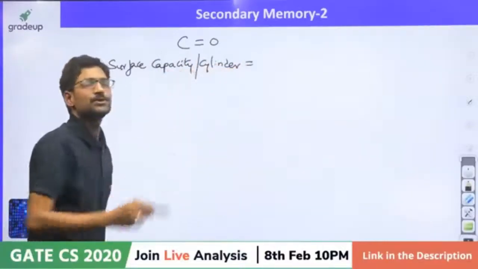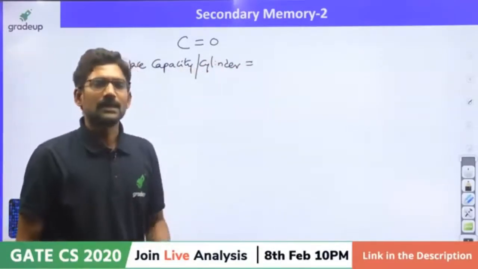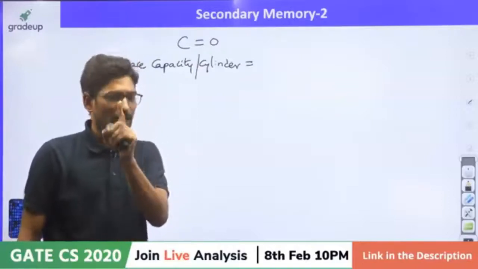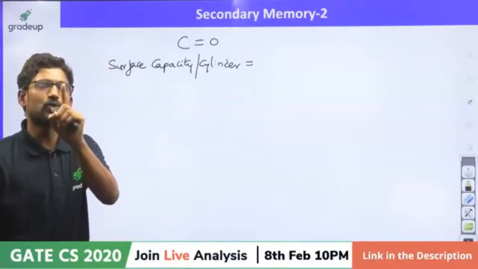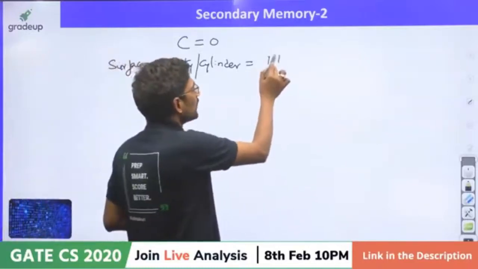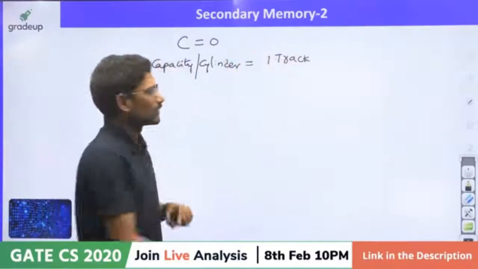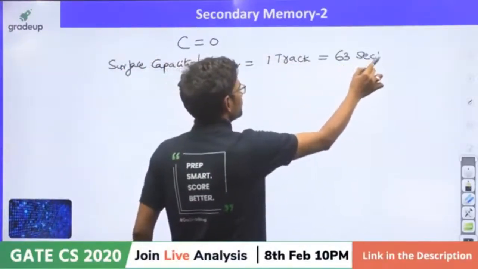For any cylinder, any surface contributes how much? One track only, isn't it? So the surface capacity for any cylinder is one track, and one track means 63 sectors.